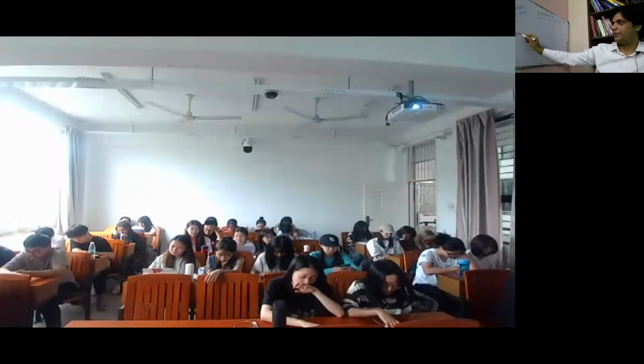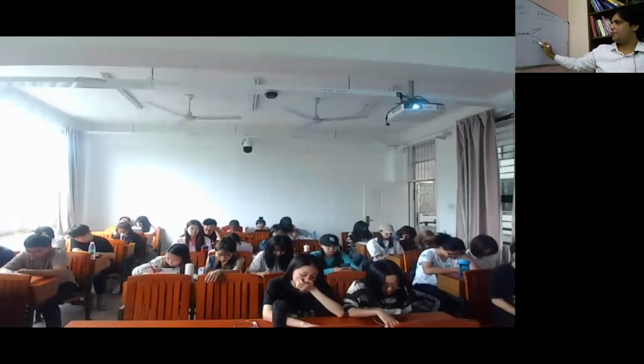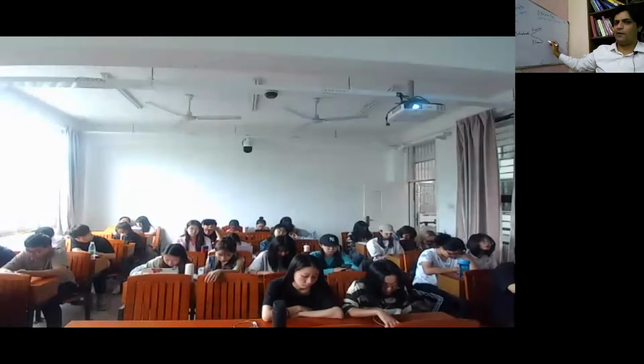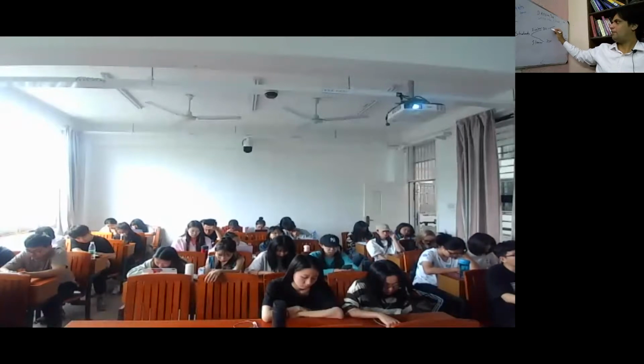So students write faster, slower. How many? 220, 80. Right? And how many take the exam, yes or no?